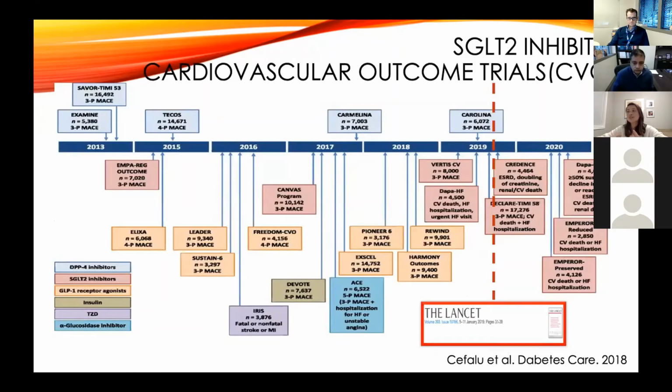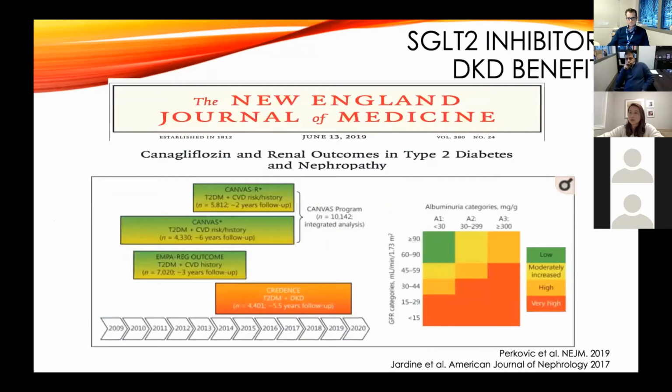However, most participants in those trials were low risk for end-stage kidney disease, so the effect on endpoints such as need for dialysis or transplant is uncertain, just basing it on those studies. So here comes CREDENCE, which included patients at higher risk of developing renal hard endpoints.